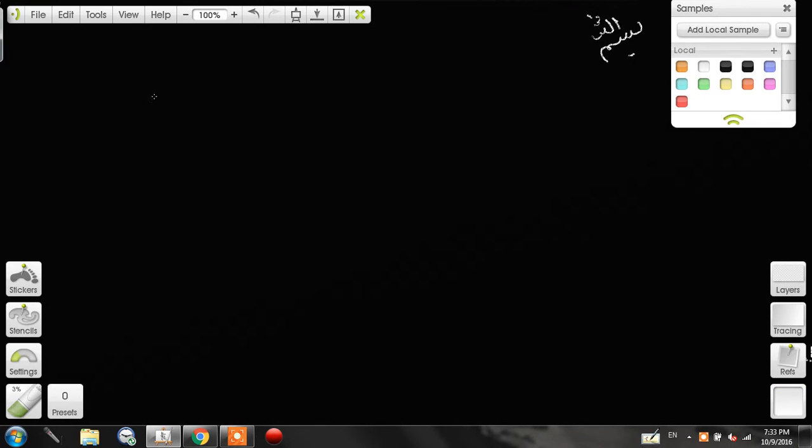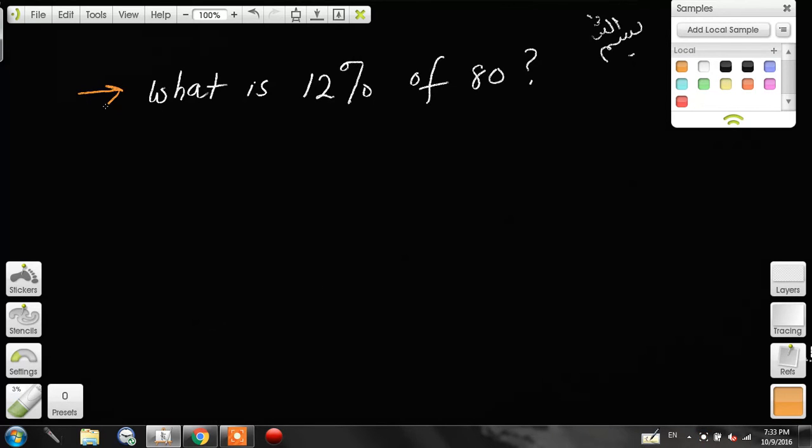Now, for us, we have to be able to solve questions like this. What is 12% of 80? The way you do these questions is, whatever question you have about percentage, the first skill you have to acquire is to be able to articulate it, or say it in words, in a question form like this.